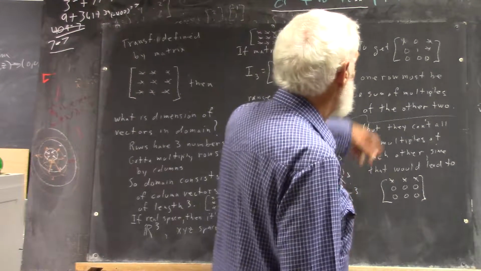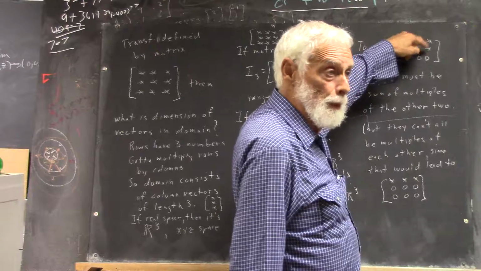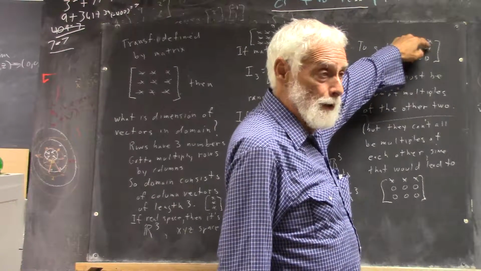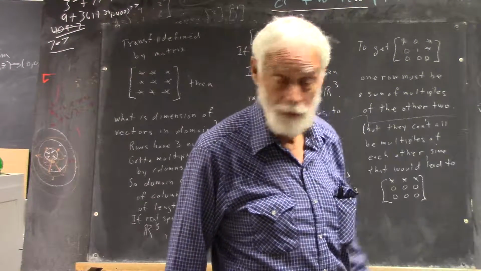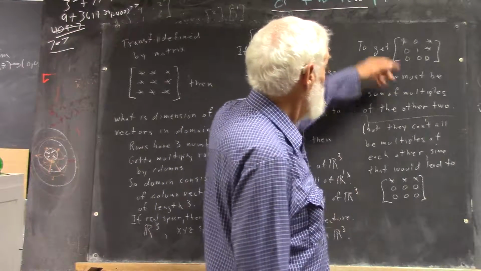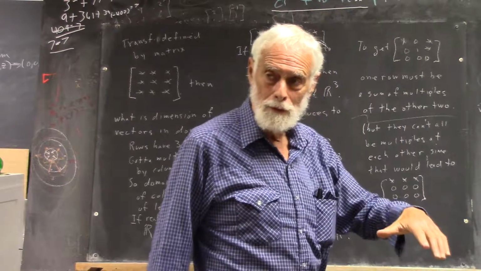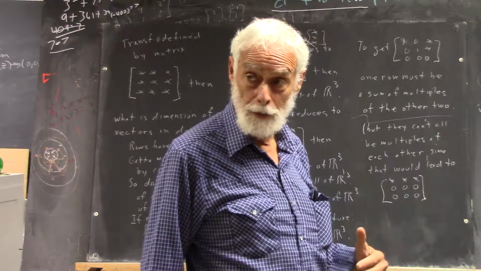And we're assuming that, well, you got a 1 here and a 1 here. These could both be zeros, but probably not. It could be any numbers, depending on their transformation. Okay? So you don't have two rows of zeros if just one row is a sum of multiples of the other two.